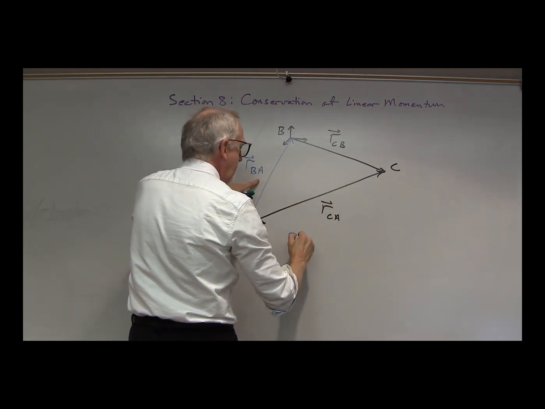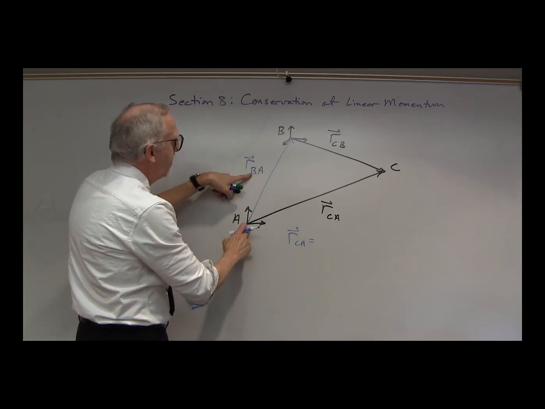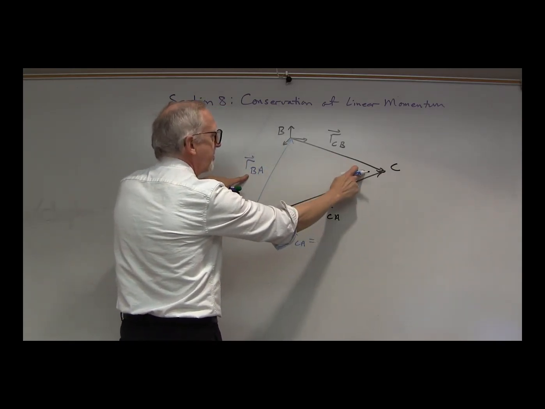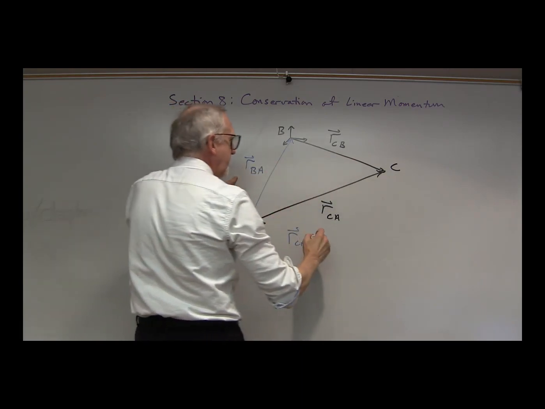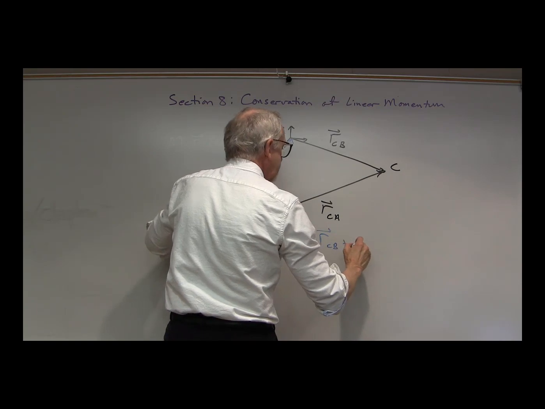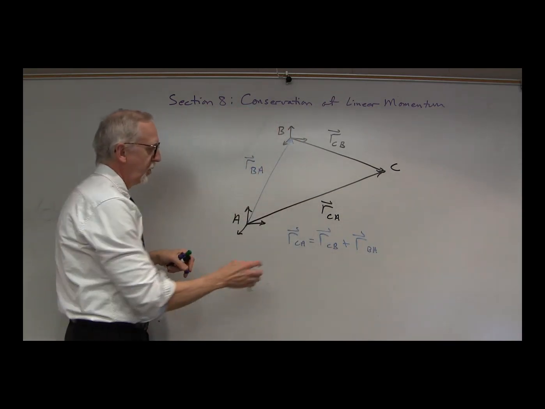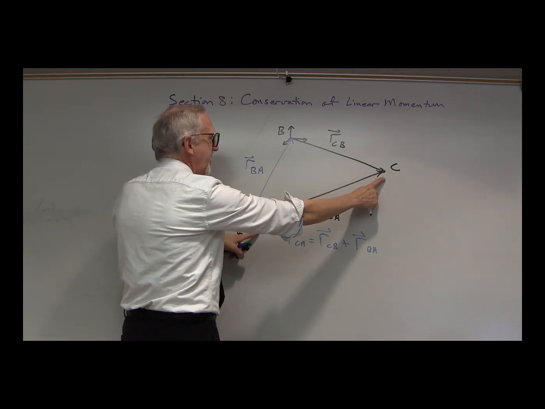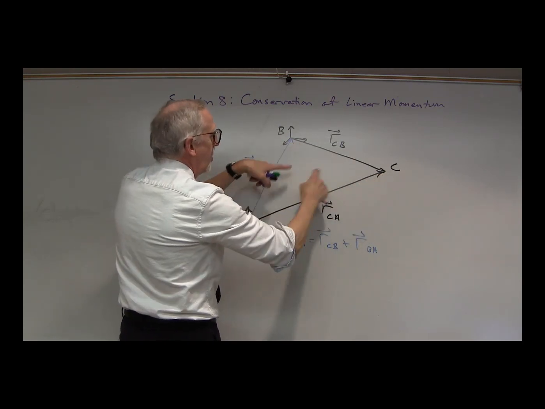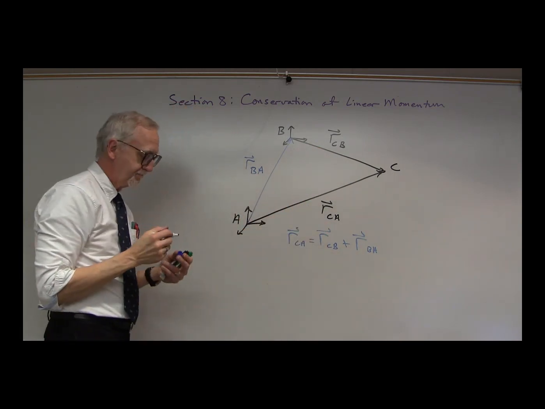We see that RCA is equal to RBA plus RCB. But I'm going to reverse those. I'm going to put that as RCB plus RBA. Okay, we see that this vector is then this vector plus this vector, or this vector plus that vector. And that's actually the way I wrote it.